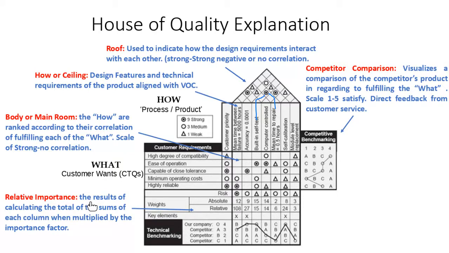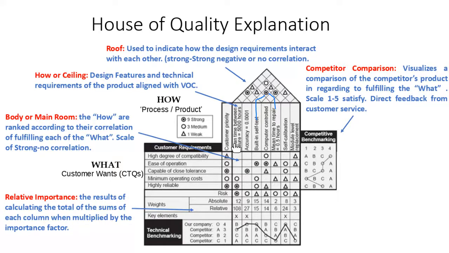The relative importance is the result of calculating the total of the sum of each column when multiplied by the importance factor. Okay, what does that mean? Now we have identified the relation between the technical requirements and the customer requirements using the main room or the body.